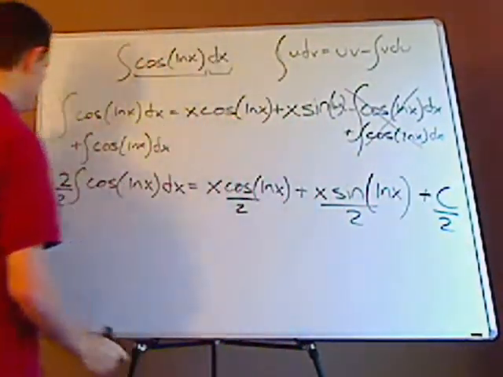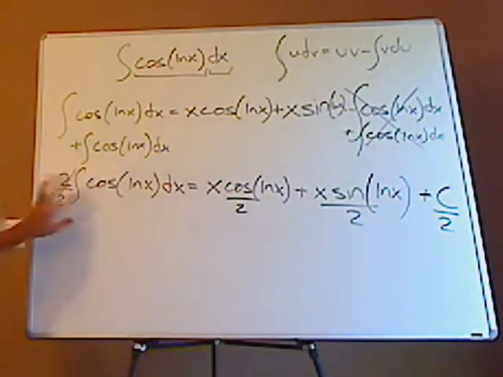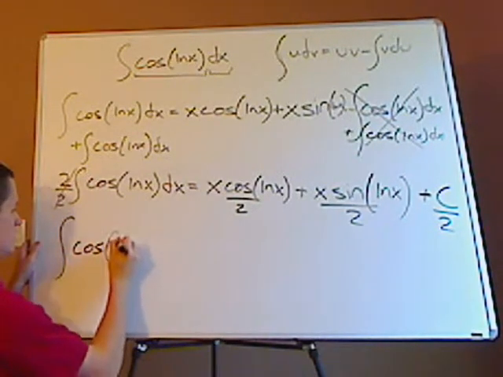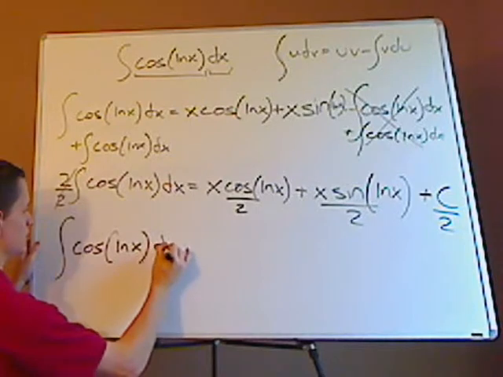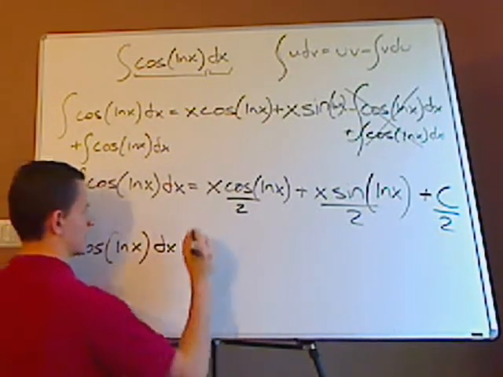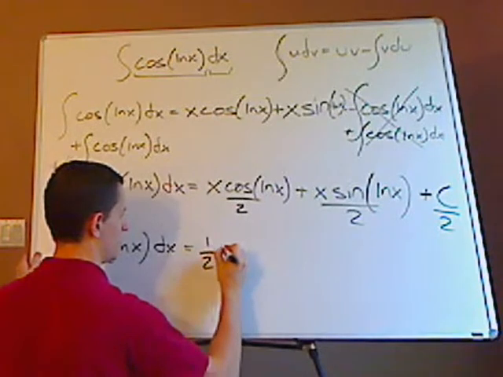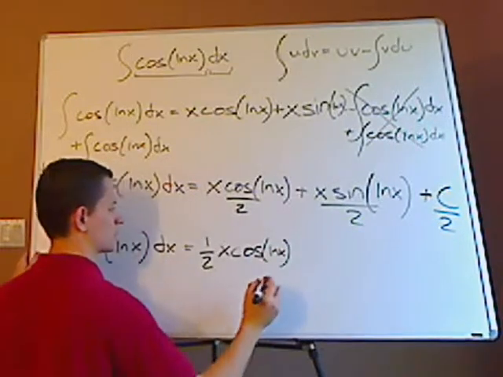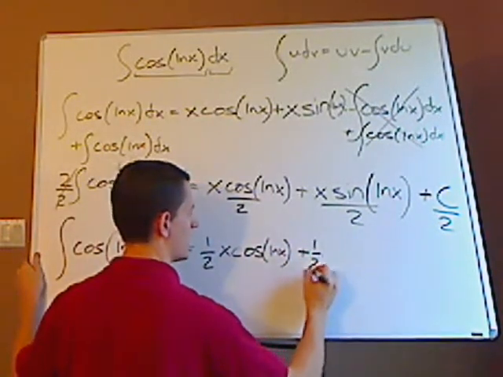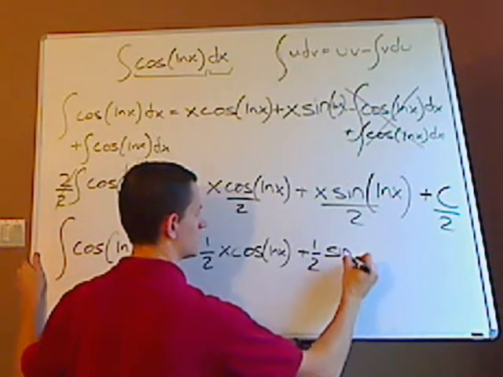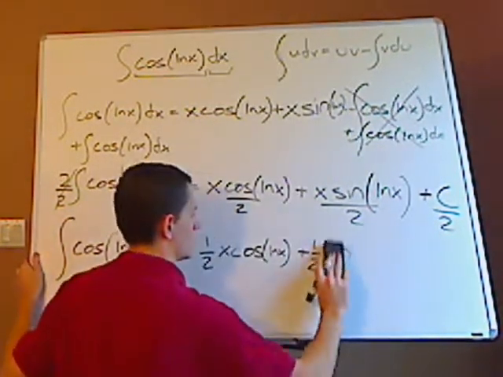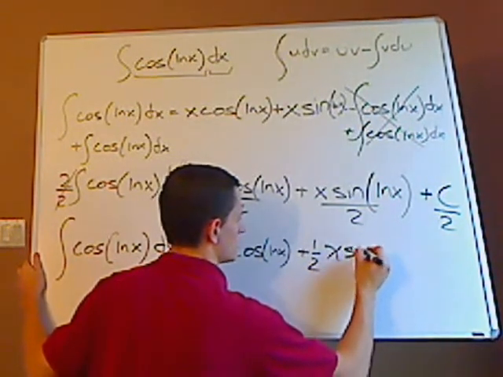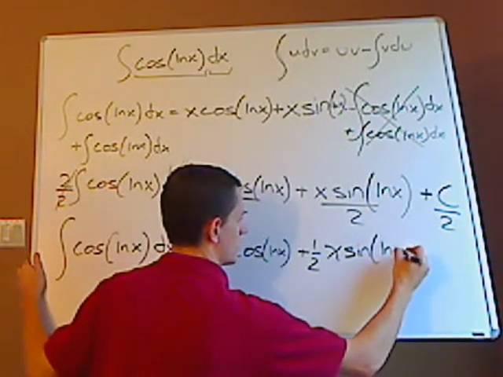All right, so when you do that, this cancels, right? Because this is what you're solving for. So you have the integral of cosine natural log of x dx equals, I'm going to make it kind of nicer, 1/2 x cosine natural log of x plus 1/2 x sine natural log of x, sorry, I forgot the x.